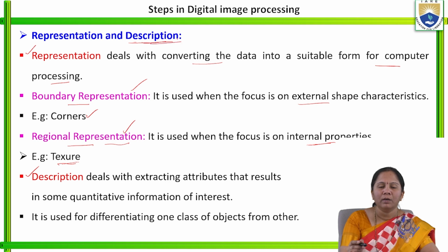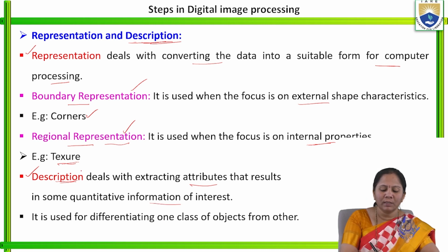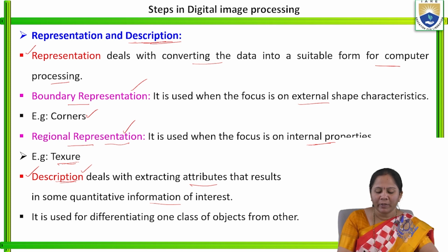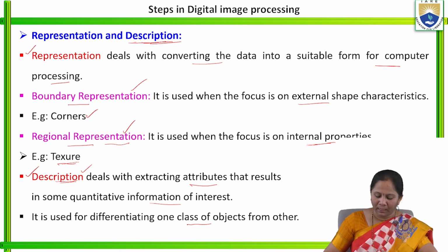Coming to another term, which is called description. Description extracts the attributes that result in some quantitative information of interest. Using these descriptors only, we classify one object from another. That means it differentiates one class of objects from another.